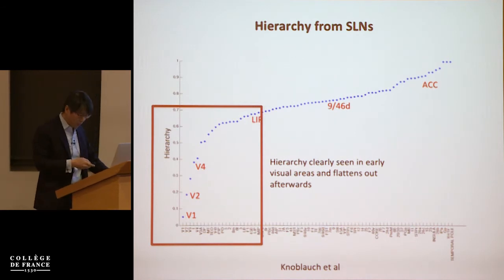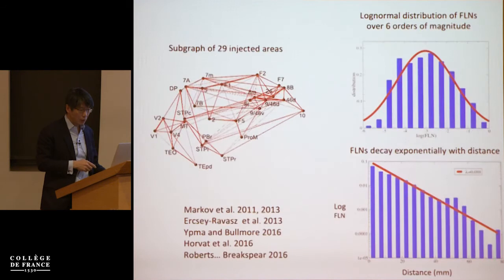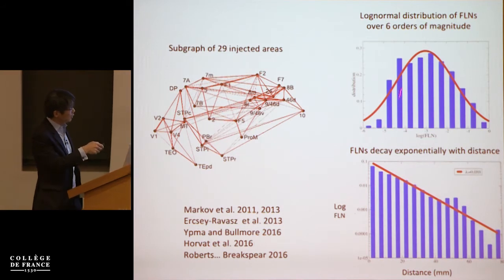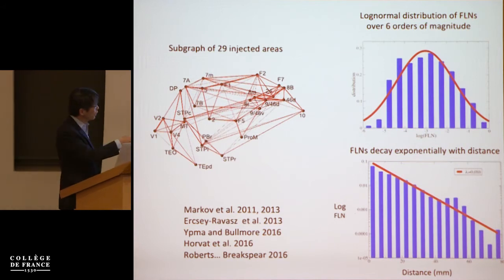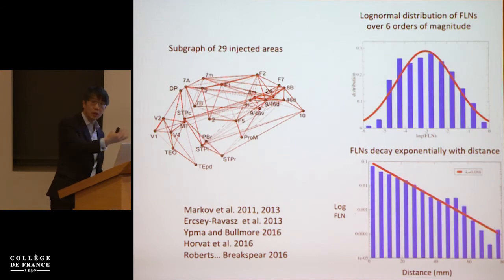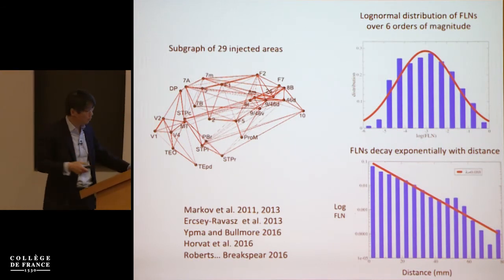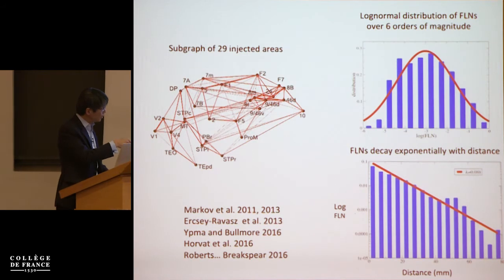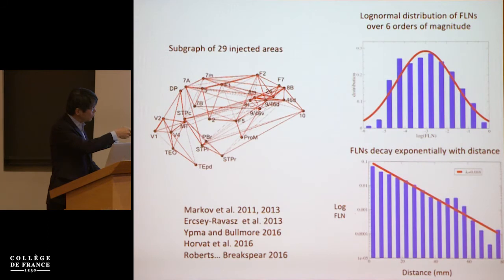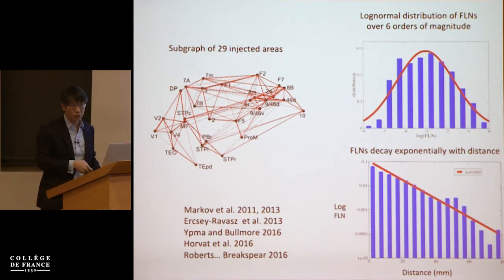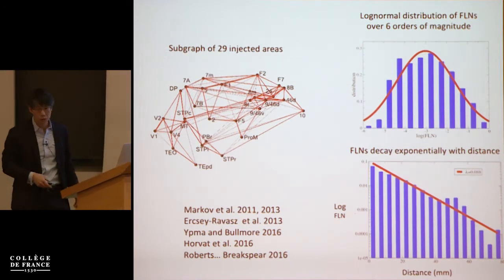All right? So they have done this so far for about 30 areas, and with the weighted directed connection matrix called FLN, they found that, for example, the weights of connections span 5 orders of magnitude, as shown here. That fits a log normal distribution. So some connection weights are strong, some are weak, right, with a big range. And also, the weight of connection between any pair of areas, A, B, is an exponential function of the distance, or wiring length, between the two, right?